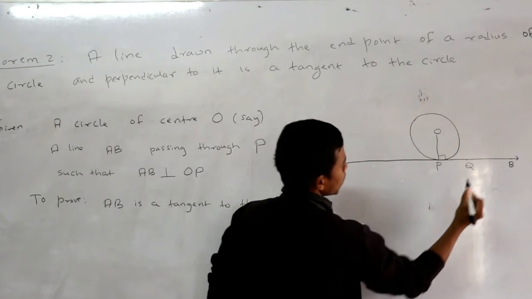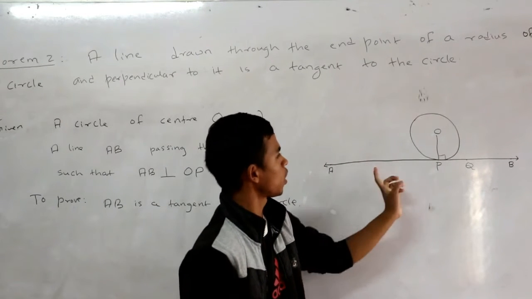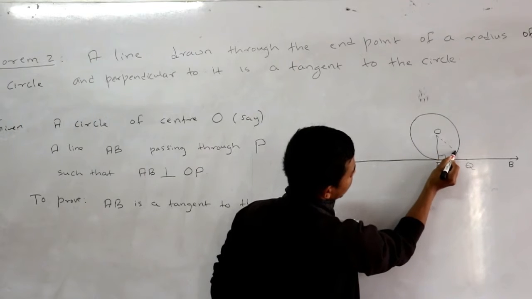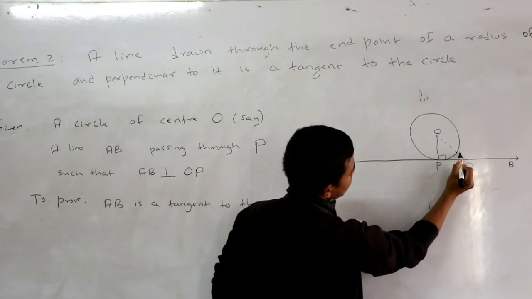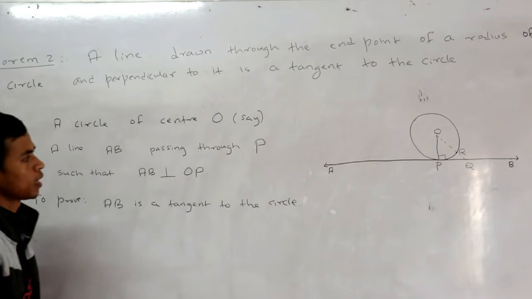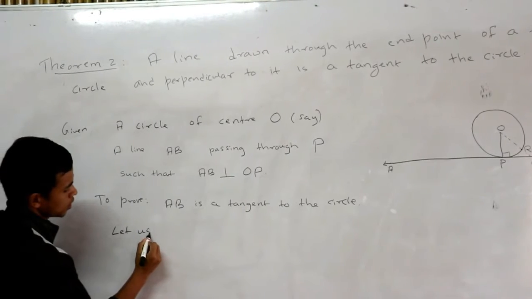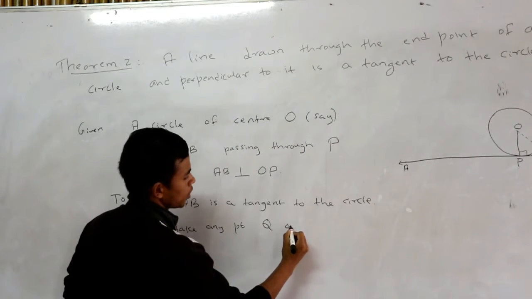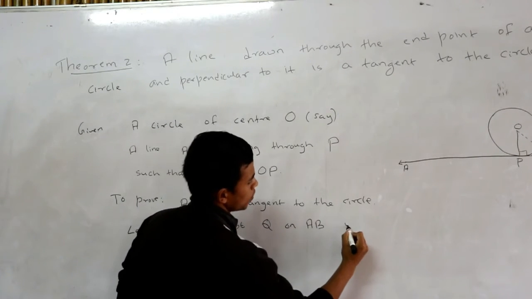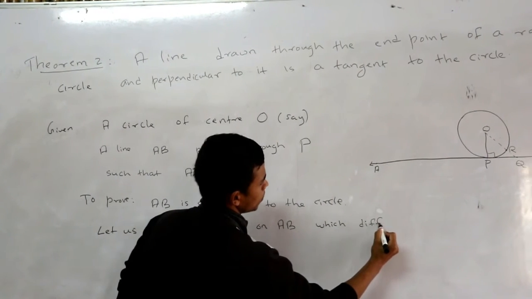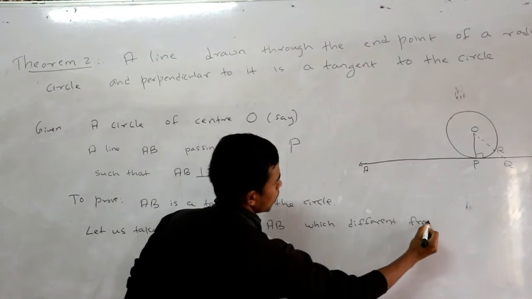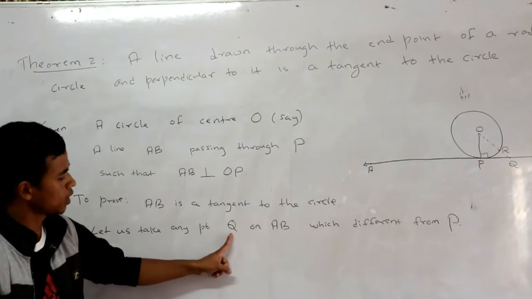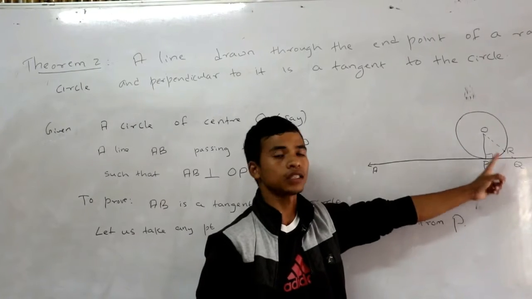So let us take now any point of this line. So let us take this point Q, which is other than P, anywhere on this line, and we will join OQ meeting this circle at this point R. Now let us take any point Q on AB which is different from P. So this is the construction that we are taking in order to show that this AB is a tangent to this circle.